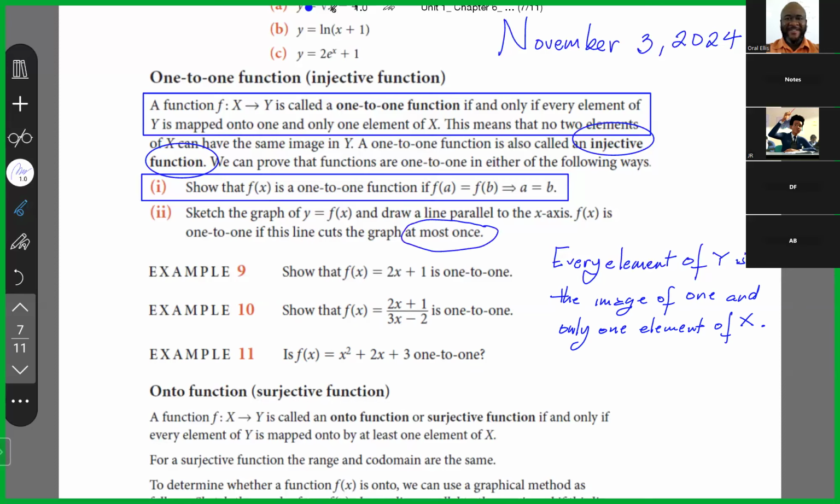When you're explaining it to the examiner, you must also use the exact same language. In order for your graph to be a one-to-one function, every horizontal line that can be drawn through the graph must cut the graph at most once.